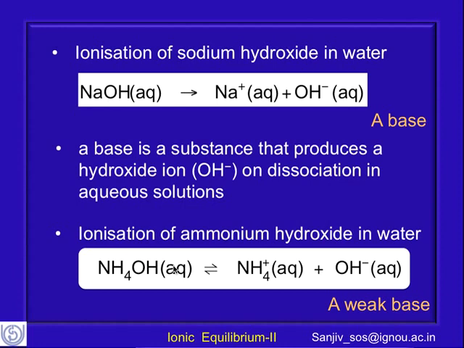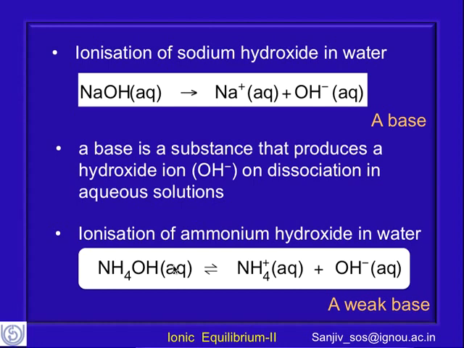Okay, so what you have seen is that according to Arrhenius theory, anything which gives you a proton or a hydronium ion is an acid. Anything which gives you an OH ion is a base. If it goes completely in the right direction, that means there's complete dissociation, it's a strong base. If there's an equilibrium situation, with partial ionization, then we say it is a weak base.